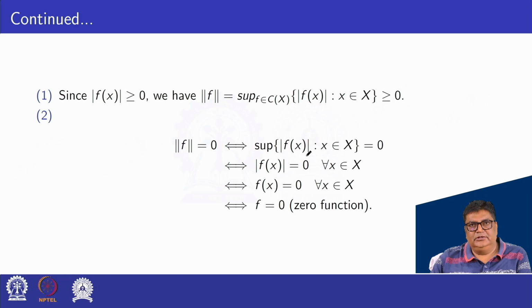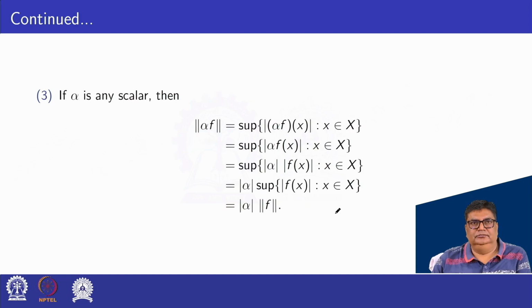Then the supremum value of |f(x)| is 0, it means |f(x)| = 0. |f(x)| = 0 means f(x) is 0. f(x) = 0 means this is the zero function. That is, ‖f‖ = 0 if and only if f is the zero function.